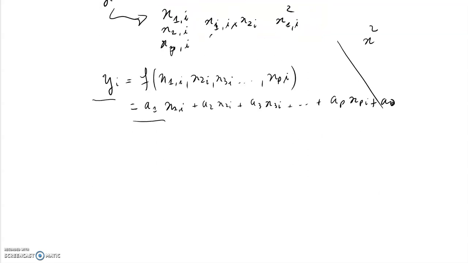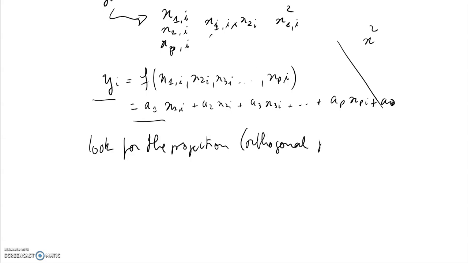You are going to look for the orthogonal projection, because we know it's the one that gives the minimum of the distance between y and z. It's the same idea.